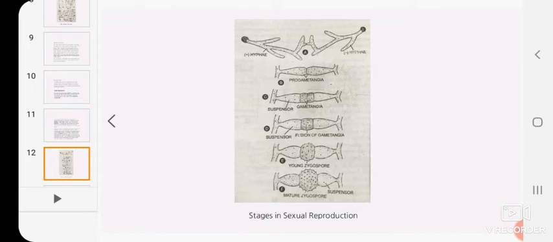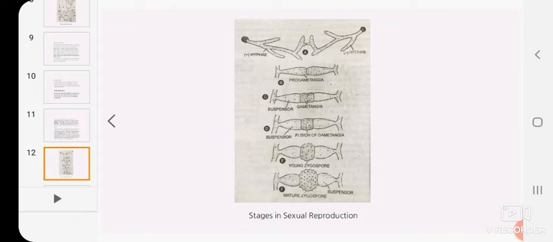Now after the formation of progametangia, you can see here in the diagram the protoplasmic contents of the progametangium start shifting towards the terminal position.